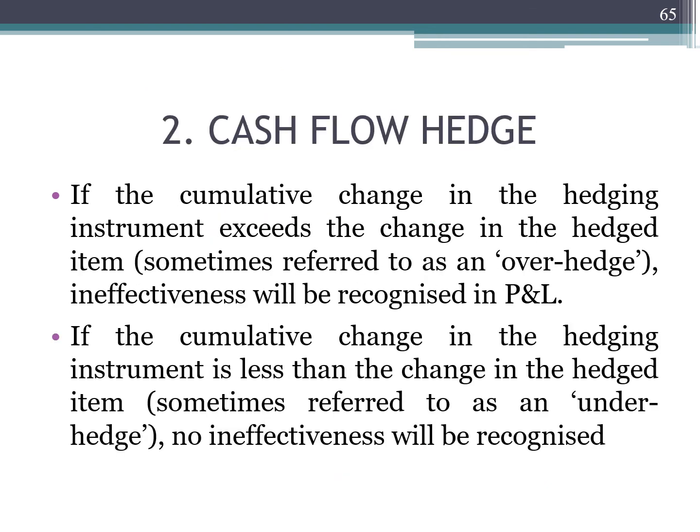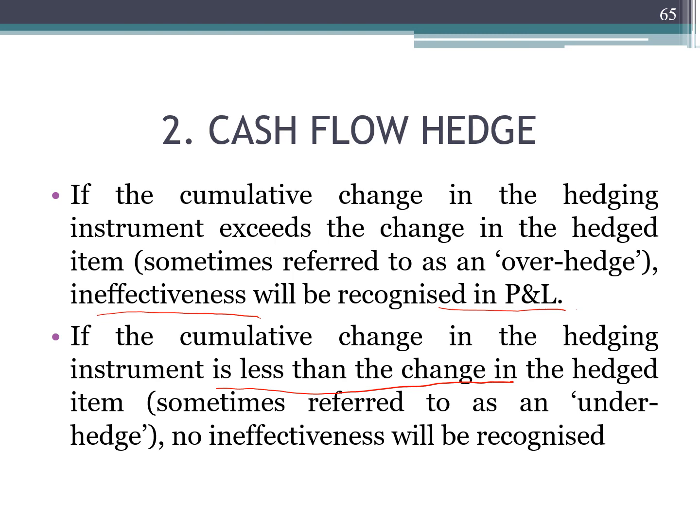For the cash flow hedge, if the cumulative changes in the hedging instrument exceed the changes in the hedge item, sometimes we call this an over hedge. So it becomes ineffectiveness and will be recognized in P&L. If the cumulative change in the hedge instrument is less than the change in the hedge item, sometimes called an under hedge, there is no ineffectiveness to be recognized.